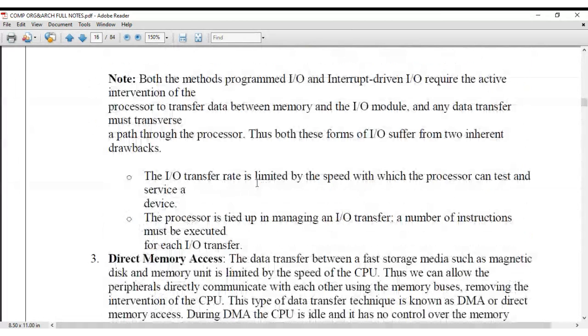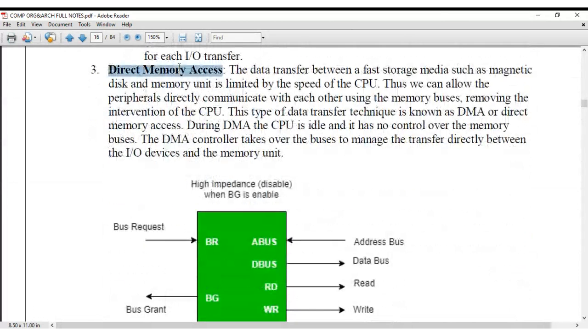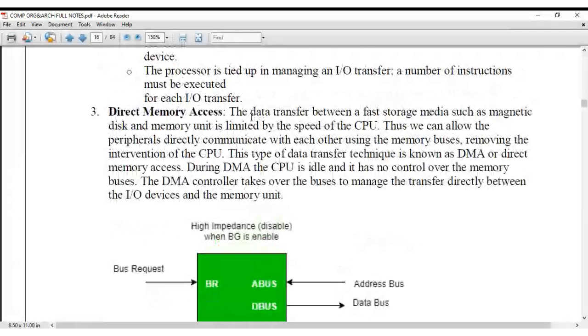Okay, then direct memory access, the DMA. The data transfer between a fast storage media such as a magnetic disk and a memory unit is limited by the speed of the CPU. Thus, we can allow the peripherals to directly communicate with each other using the memory buses, removing the intervention of the CPU.